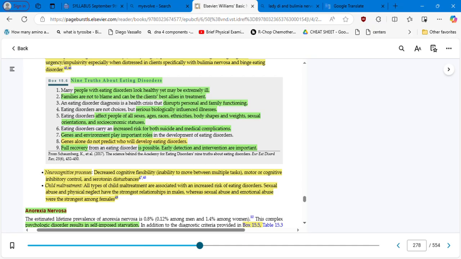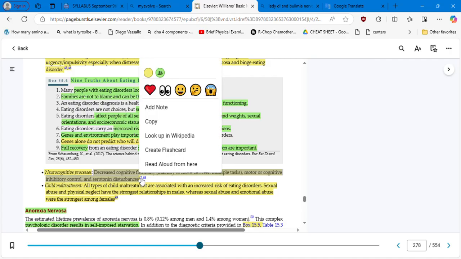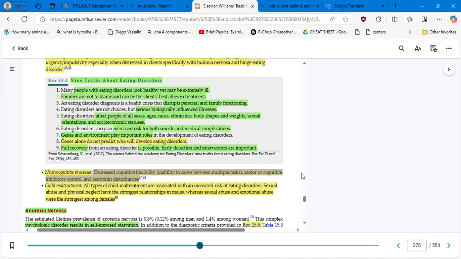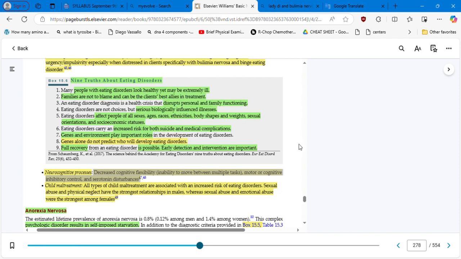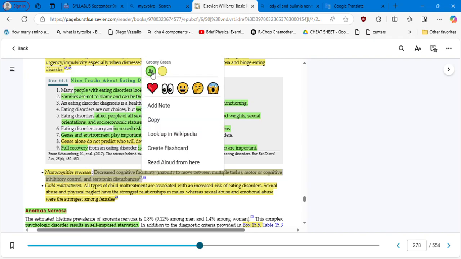So this is a good one. I will highlight this even. Okay. Child maltreatment. Okay. All types of child maltreatment are associated with an increased risk for eating disorders. Sexual abuse and physical neglect have the strongest relationship in females, whereas sexual abuse and emotional abuse were the strongest among males. Let me highlight this one once again.